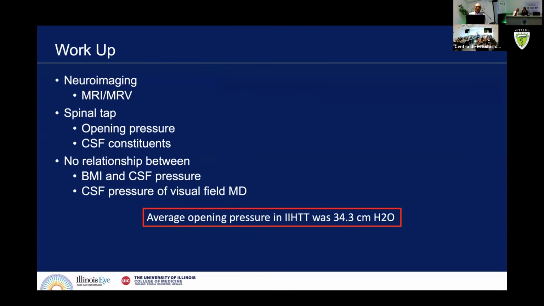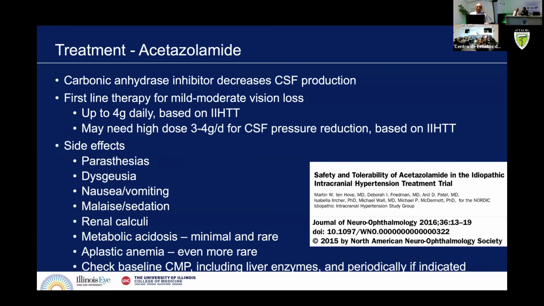But if we go back to the standard IIH, these patients only had an opening pressure of about 34. The treatment, again, comes out of the IIH-TT, which is acetazolamide. That is the first-line treatment for this medication. It's a carbonic anhydrase inhibitor that blocks CSF production, and it's first line for mild to moderate vision loss. And this can be given up to 4 grams daily.